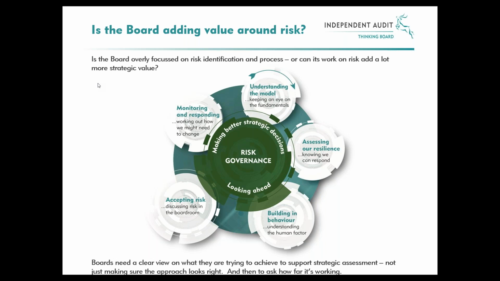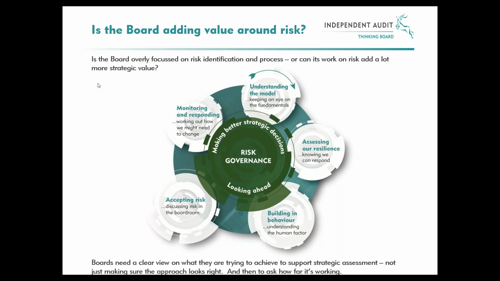Too often a board assumes that in risk taking in the organization, people are working in line with the expectations of the board. But we all know that when it gets into the hands of individuals, things are interpreted differently, people behave differently, and the board can't necessarily rely on that. So building behavior into the board's consideration of risk taking is crucial.